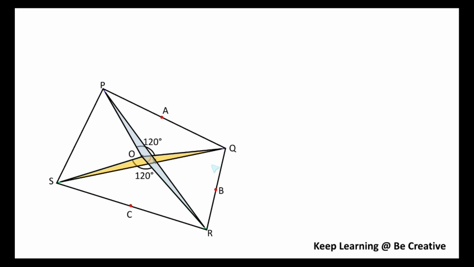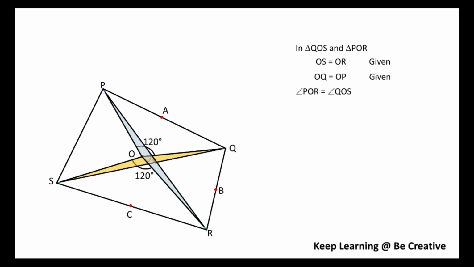In this I have already mentioned that angle QOS and angle POR will be equal, because each equals 120 degrees plus X. So let's see if we could prove these two triangles congruent. In these two triangles, OS equals OR, which was given. Then OQ equals OP, which was given.